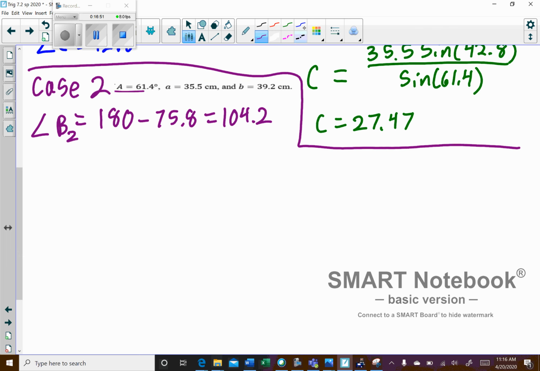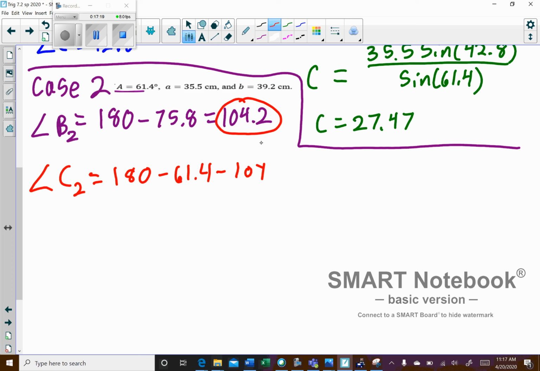And so in this case, we need to figure out what would my angle C be. So angle C, we'll call it sub 2 for case 2, would be equal to 180 minus the two known angles. So we know angle A, which was 61.4, and now in case 2, we're looking at angle B possibly being 104.2. So we'll go ahead and subtract out 104.2.